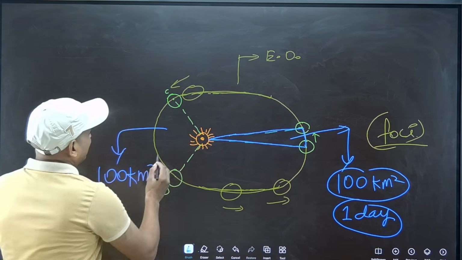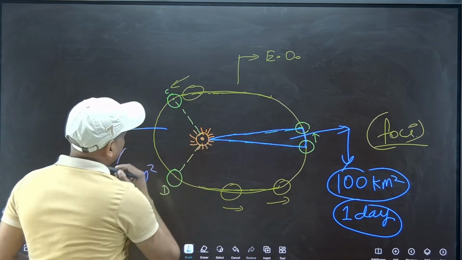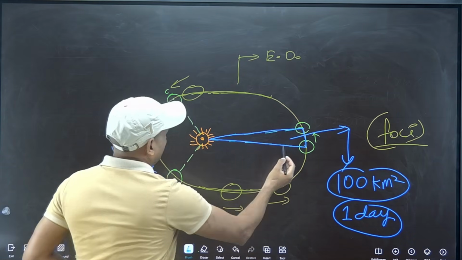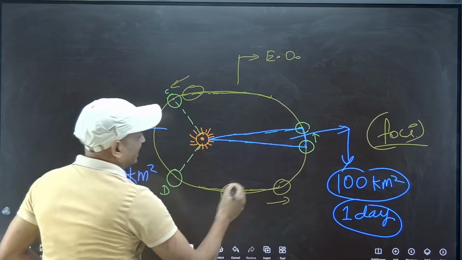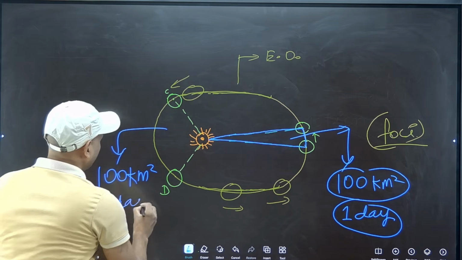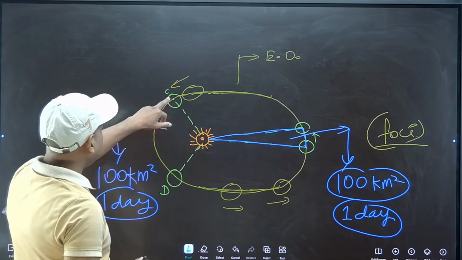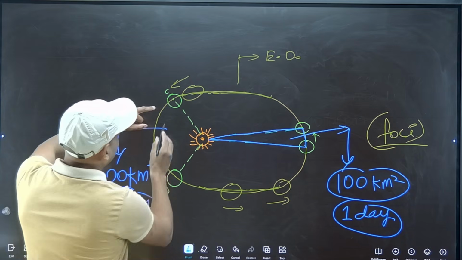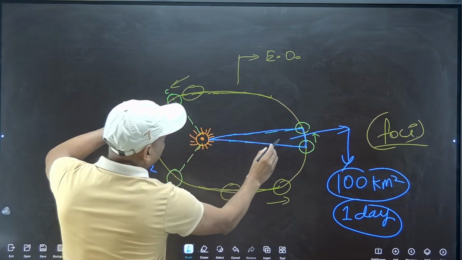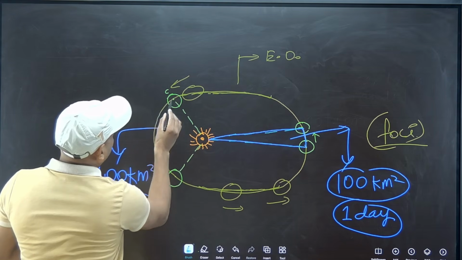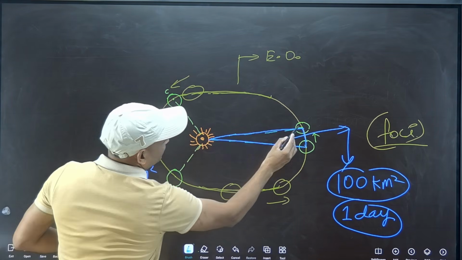And that's why when the Earth is closer to the Sun, it manages to cover that amount of area in the exact same time, one day, because here the speed increases. If the speed had not increased, the Earth would not be covering the same area as it covered here, because then the Earth could have traveled just this distance.